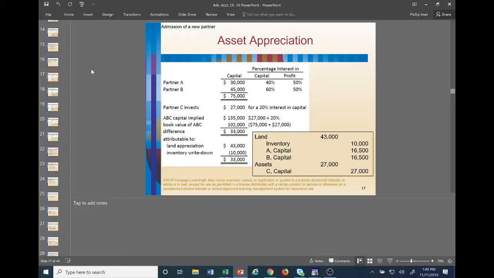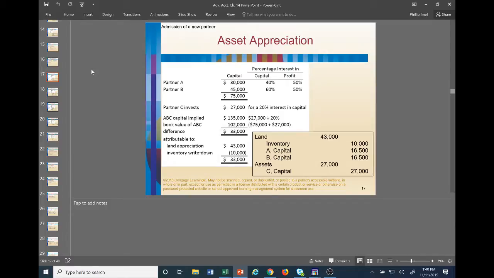Now, if differences between the fair value and the book value of recorded assets are identifiable, appropriate adjustments to asset balances should be considered. Assuming objective measures of unrecorded appreciation are available, the appreciation would be recognized and allocated to the previous partners according to their old profit and loss ratios.